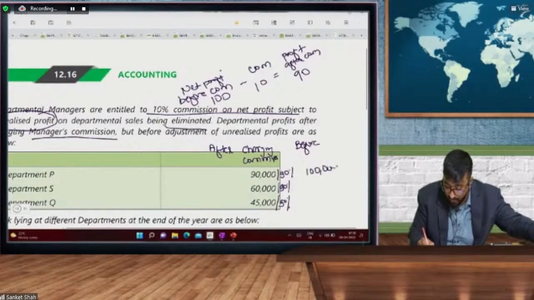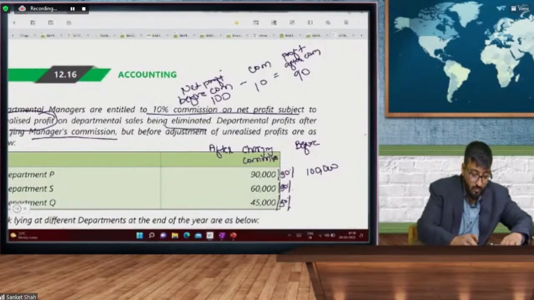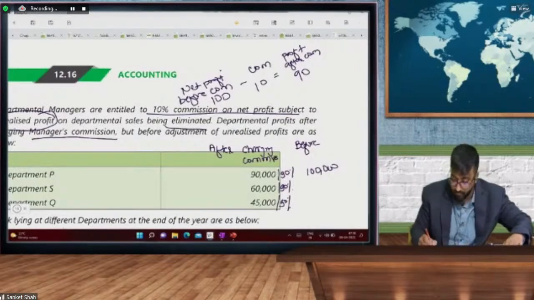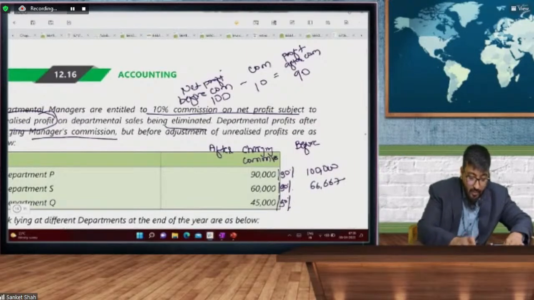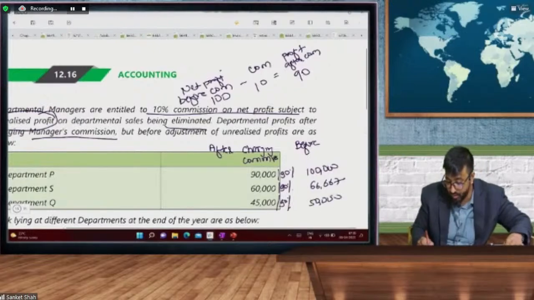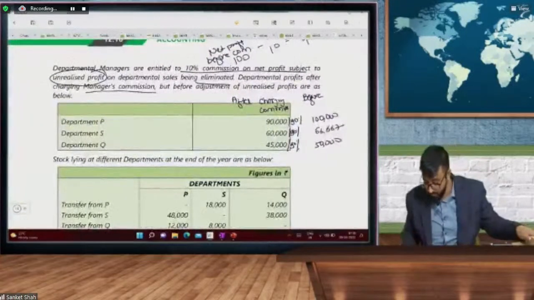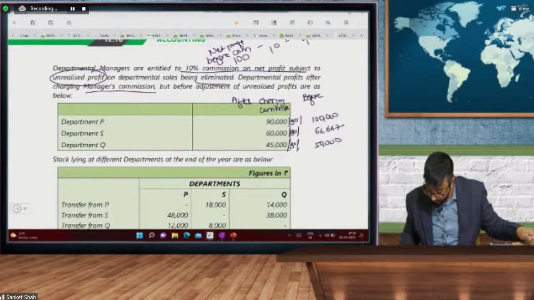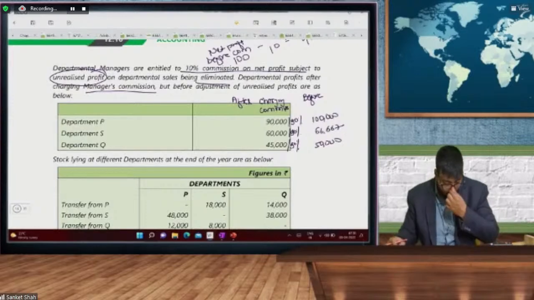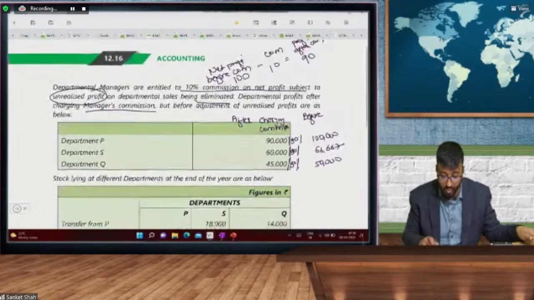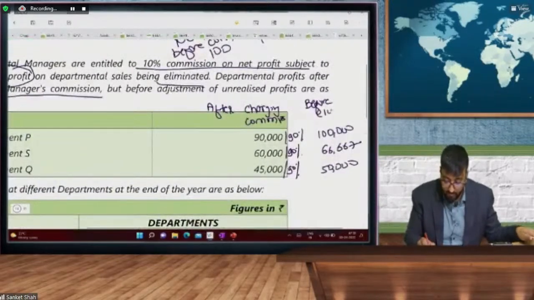It is 1 lakh. 60,000 divided by 90%, beta. 66,667, and 45,000 divided by 90%. Please note down these figures in your module. Yes, Vijay Gore, your queries are reaching me. Don't worry. So profit before commission is 100.